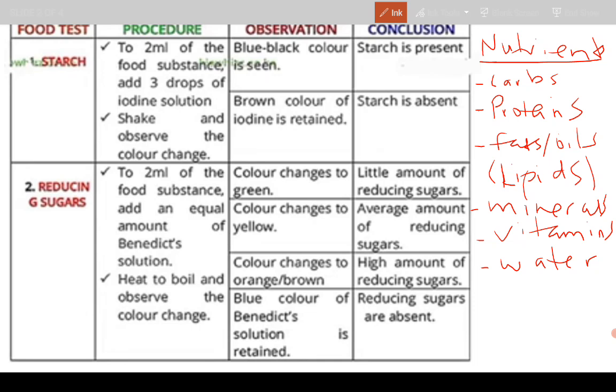For example, carbohydrates provide us with energy because they are rich in energy. Foods such as rice and sima, bread, potatoes, cassava, all these are carbohydrates.